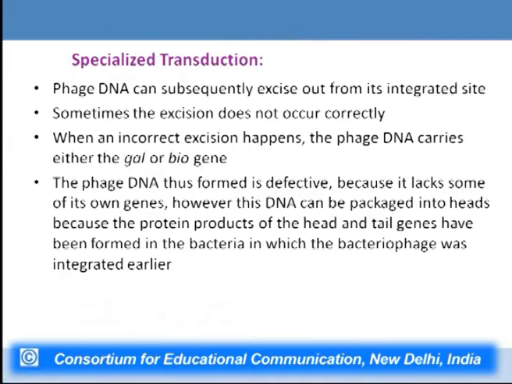However, this DNA can be packaged into the heads because the protein products of the head and tail genes have been formed in the bacteria in which the bacteriophage was integrated earlier. So, the bacteriophage was integrated earlier in the bacterial chromosome, producing proteins responsible for forming the head and tail.